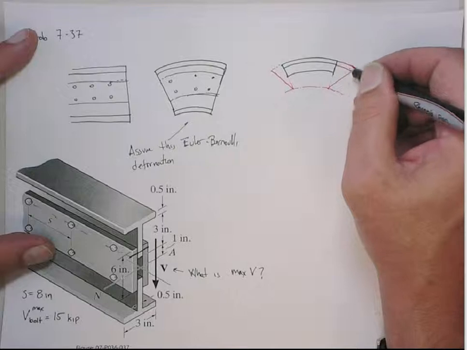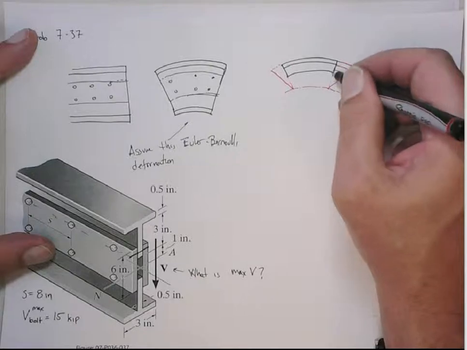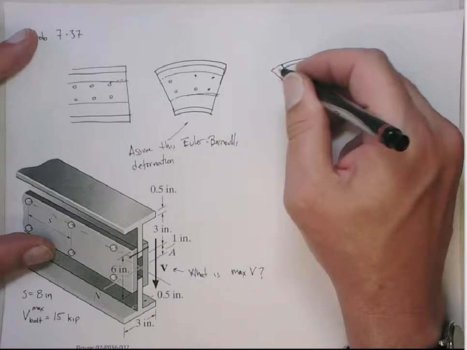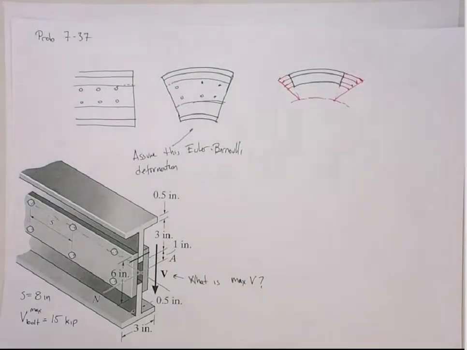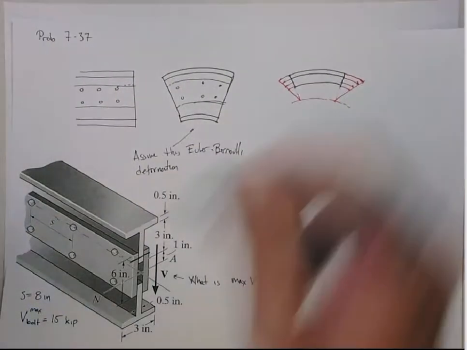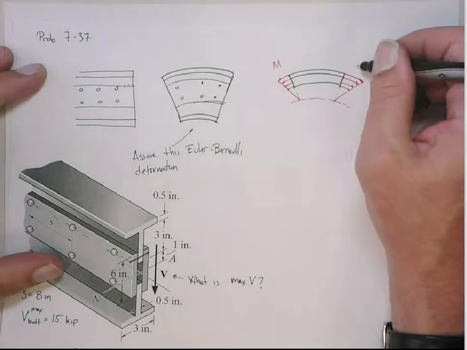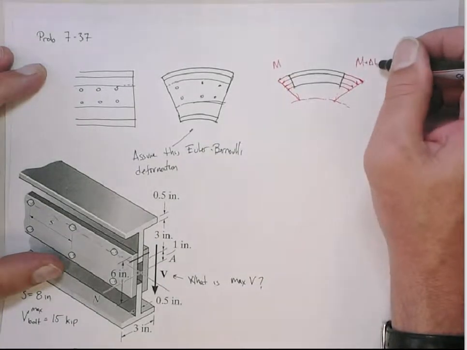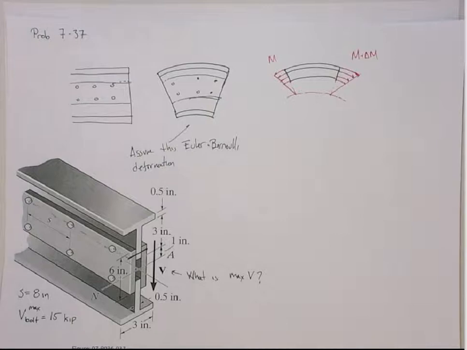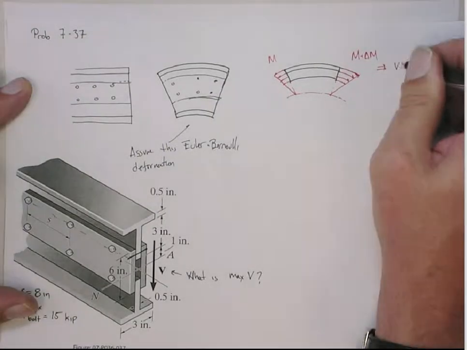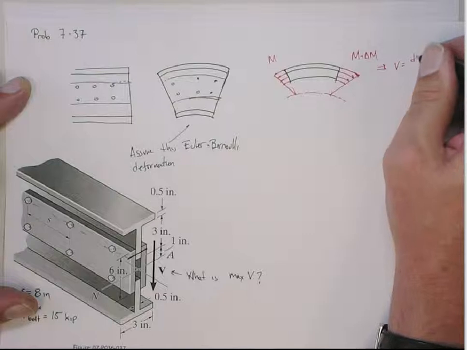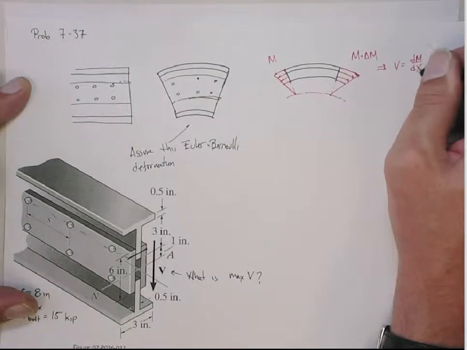So if you look at the force distribution on this right side versus the force distribution on the left side, correct? On this point, we have some M, and then we have an M that's a little greater, right? That's what gives us the V, because the V, remember, is the derivative of M with respect to x.